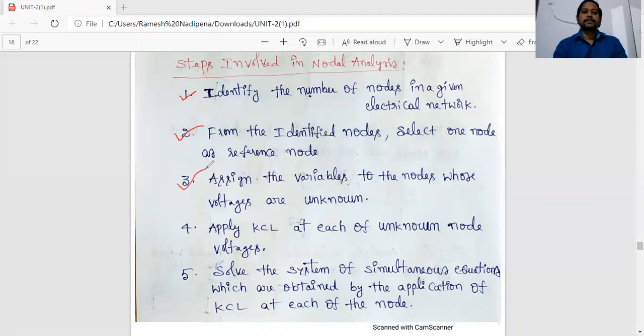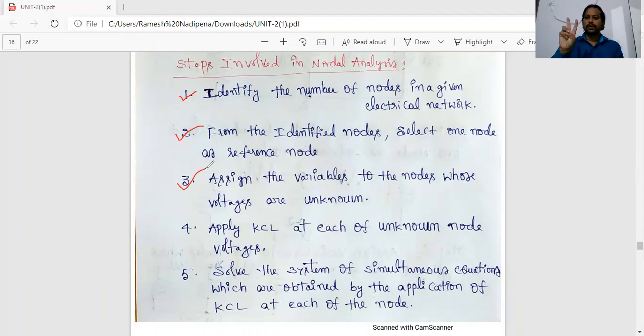Step 3: assign variables to the nodes whose voltages are unknown. For example, in a given electric network, 3 nodes are there.